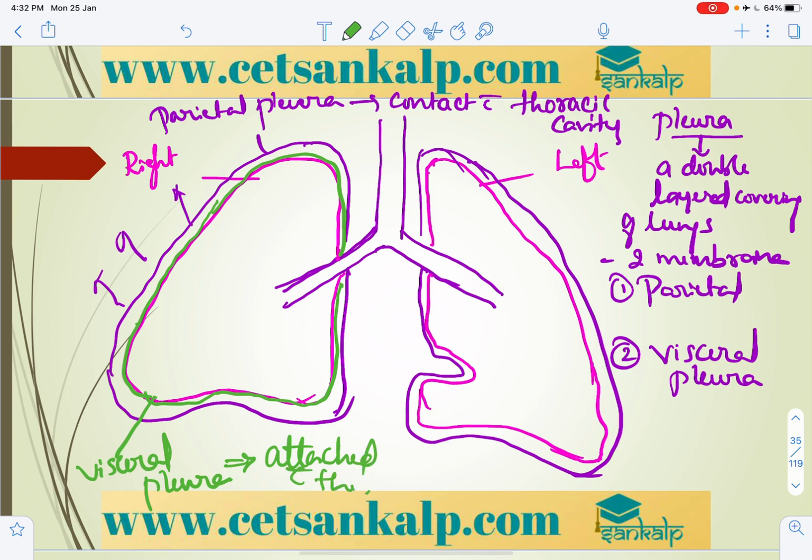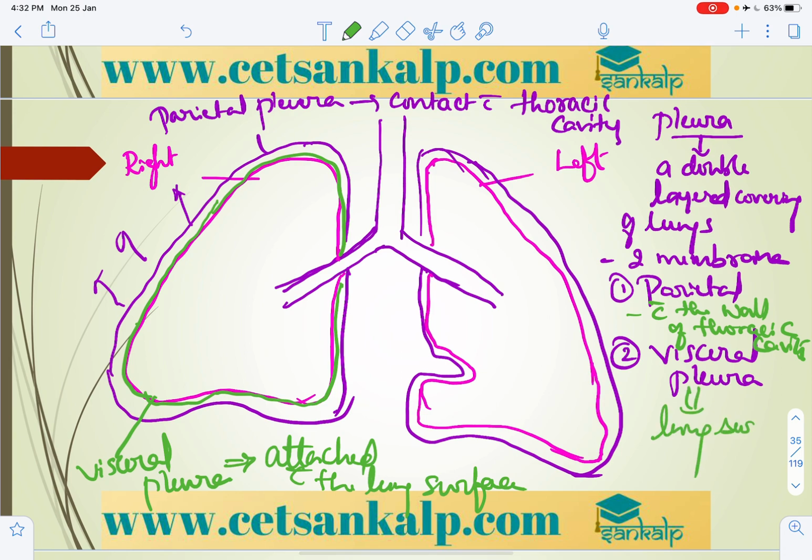The outer parietal pleura is attached with the wall of the thoracic cavity, whereas the visceral pleura is in contact with the lung surface internally.